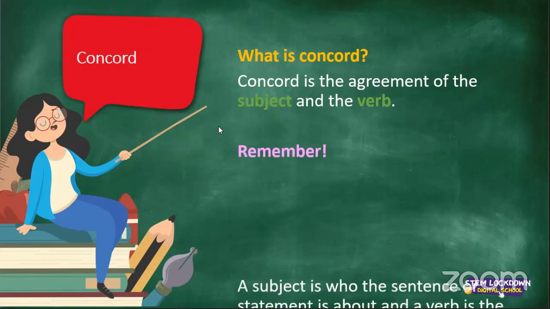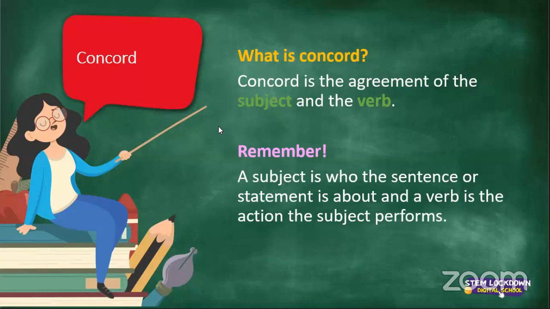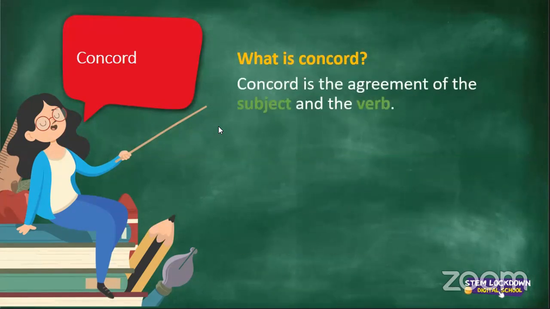If you remember carefully, a subject is who the sentence or statement is about, and a verb is the action the subject performs. So, for example, in a sentence, when you have Bob, Bob plays with the dog, Bob would be the subject. And I'll show you an example that I came up with just now.